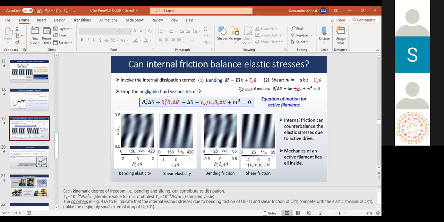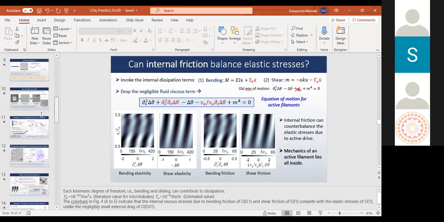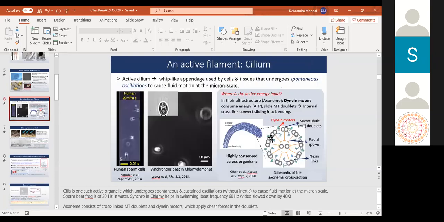Yeah. So as I told you, the dynein motors which are attached to the filament cause the filament to shear. When a motor is attached to the next filament, they can attach and detach. So they attach, they walk, they slide the filaments, and because they are cross-linked, they will bend. So I have 2 degrees of freedom.